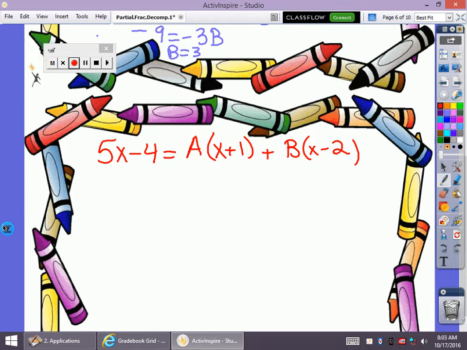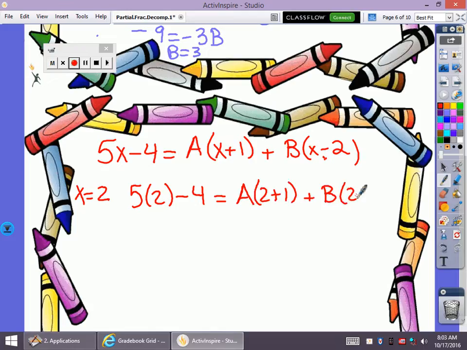And this go round, I'm going to use x equals 2 because if I plug in 2 right here, it makes 0. So 5 times 2 minus 4 equals a times 2 plus 1 plus b times 2 minus 2.